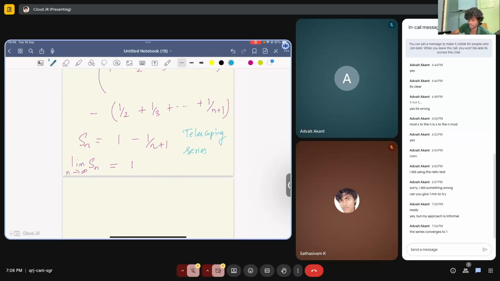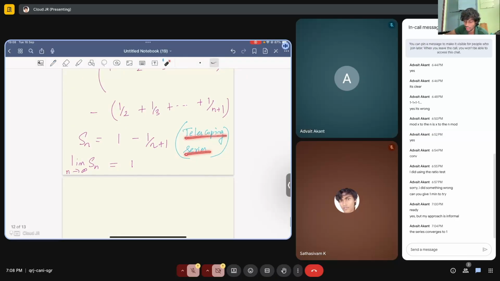If you are interested in JAM or NET exams or something, you should probably look at a few more examples of telescoping series and work them out, because in the exam, many of the series they give are in some sense telescoping series. If they actually tell you what the limit of the series is, then you cannot use the ratio test or root test, right?